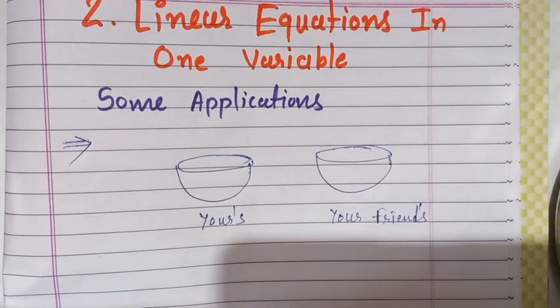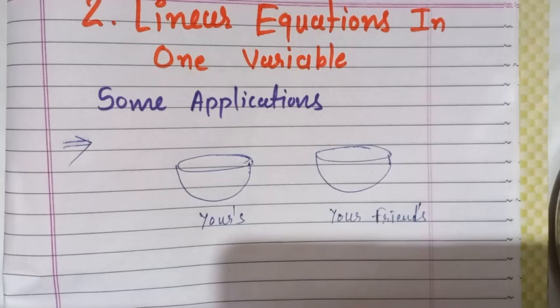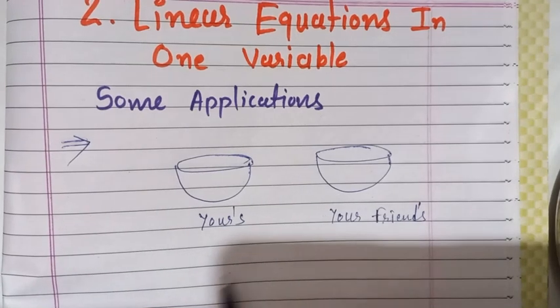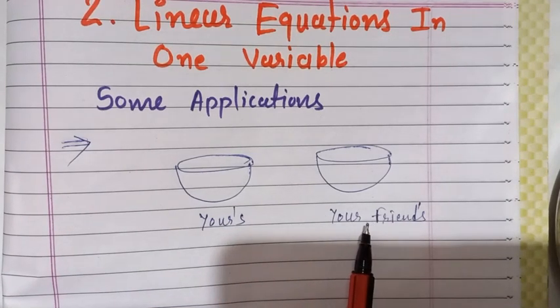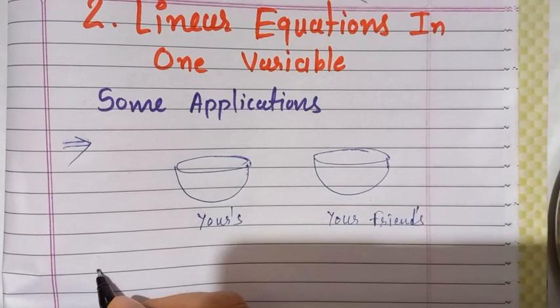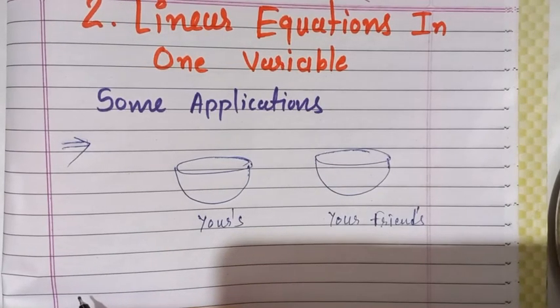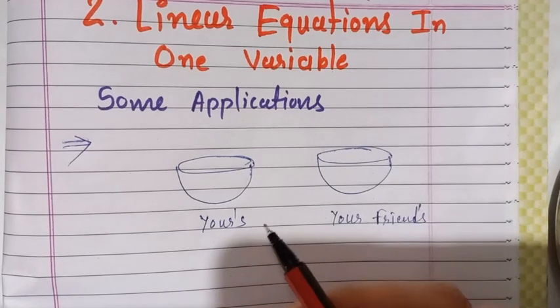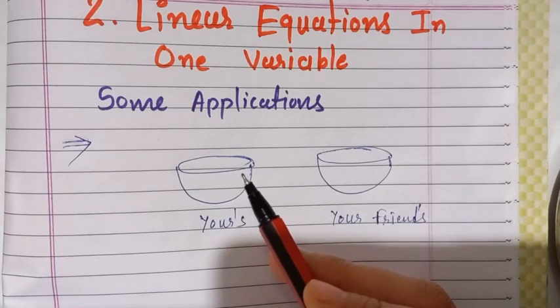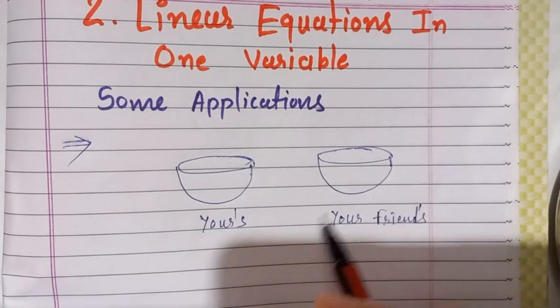You have understood that you don't know the number of apples, and the number of apples is the variable. Now you want to calculate the number of apples in your bucket and your friend's bucket.